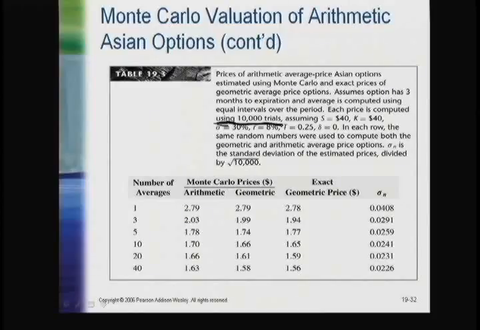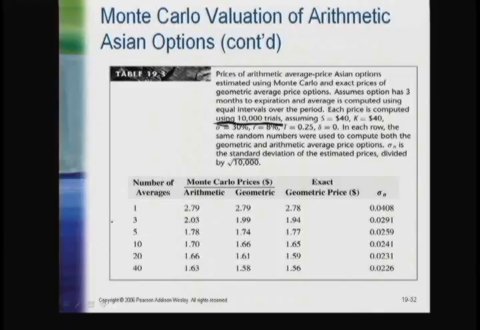Now, one of the complexities of an Asian option is that it's a 3-month Asian option, and the question really becomes how many prices go into the averaging. Some Asian options can be defined as a weekly average, in which case you would only want to capture the prices weekly. Some Asian options use the average of daily prices.